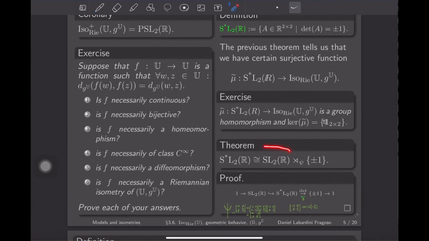Now the next result is that S star L2R is a non-trivial semi-direct product of SL2R and the group plus and minus 1.